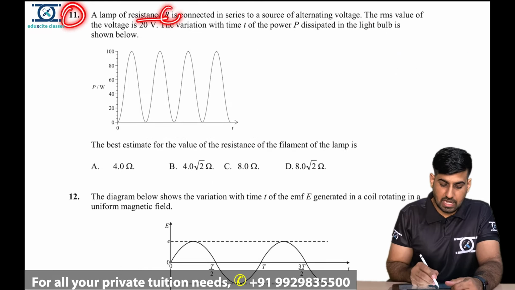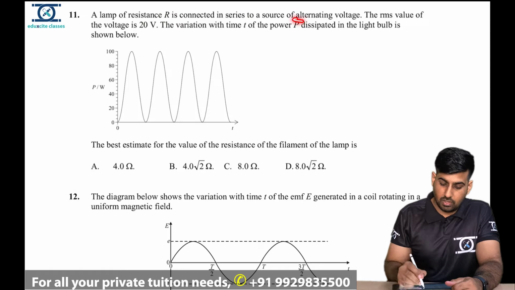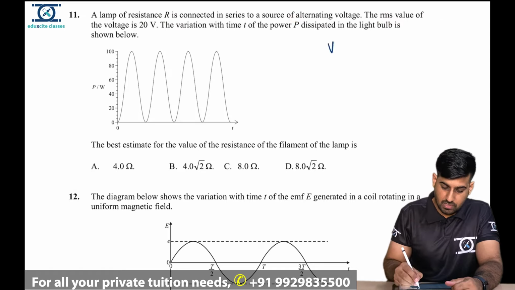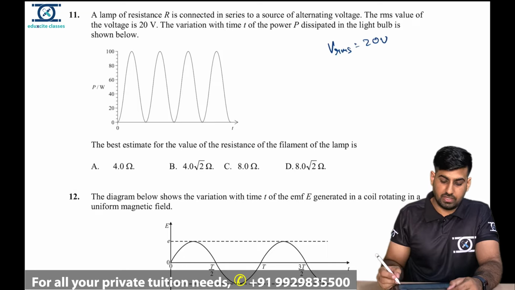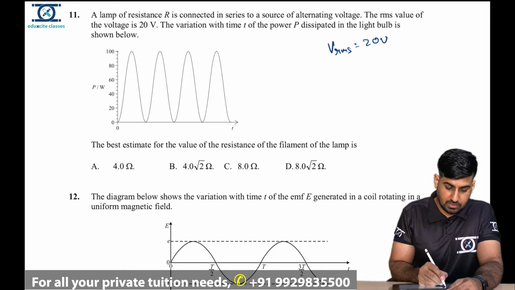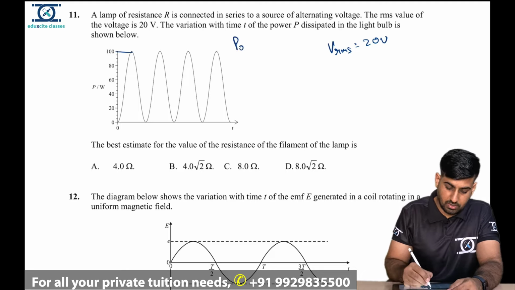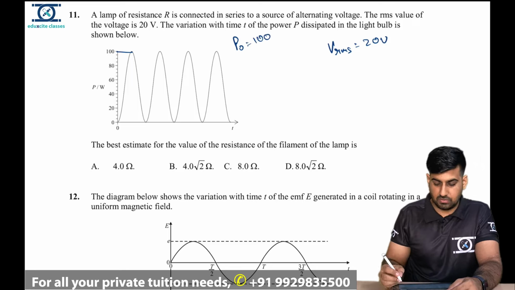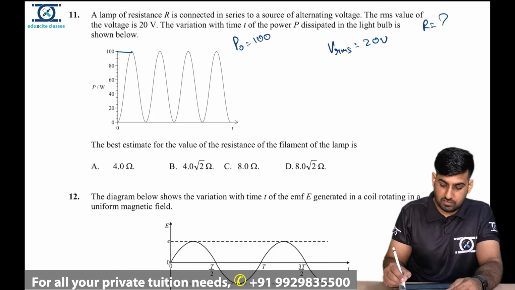A lamp of resistance R is connected in series to again an AC supply. The RMS value VRMS is given to us as 20 volt. The variation with time t of the power of a light bulb is given. So you can see the peak power P0 is 100. So the best estimate for the value of resistance. So we have to find out the resistance of the lamp.